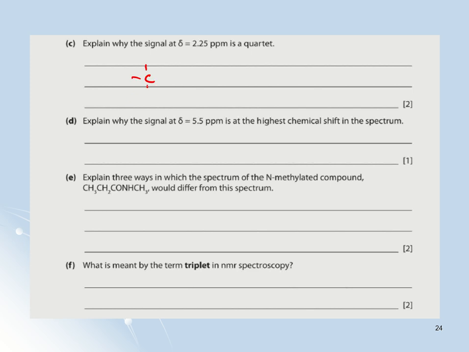Let's just draw that out. So we're comparing this to the same molecule, but this time it would have an H on it. Because of this, it's going to have an additional signal, so it's going to have 1 more signal.